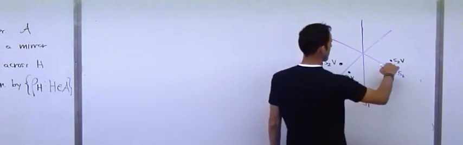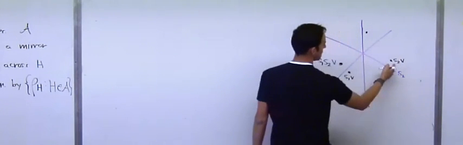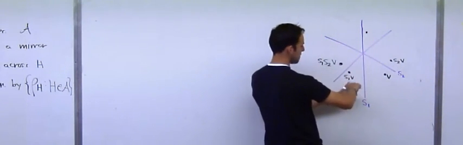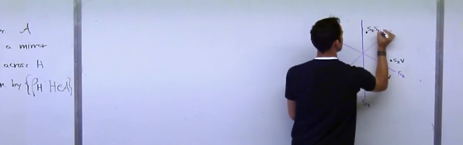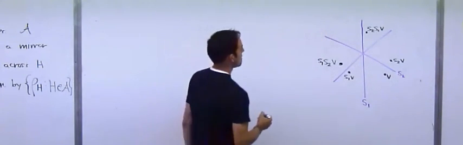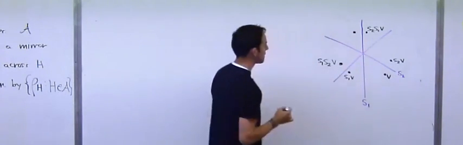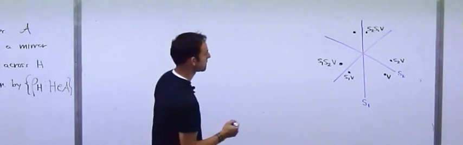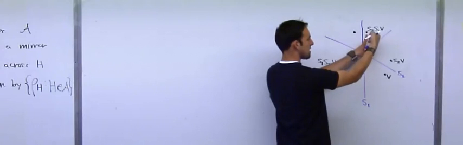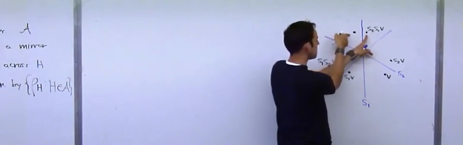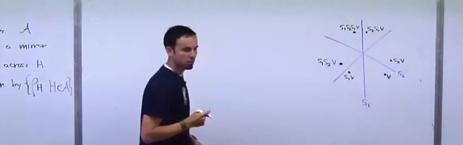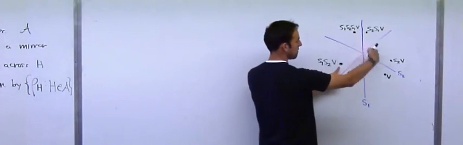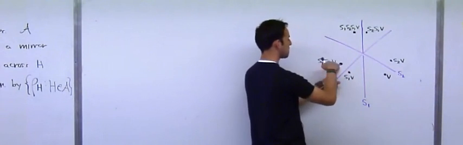And in the same way, if I take this guy and I reflect it over here, then instead of thinking that I'm reflecting across this hyperplane, I can imagine looking at this image and reflecting it across S2. So I get S2S1V. And then the last one, what should I call it? Well, I can think of this as taking this guy and reflecting it across using S1. So I can call it S1S2S1V. But I could have also thought that I'm taking this guy and reflecting it across using S2. So I could have also called it S2S1S2V.